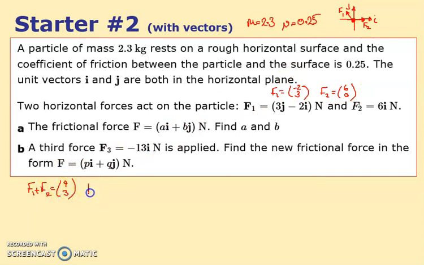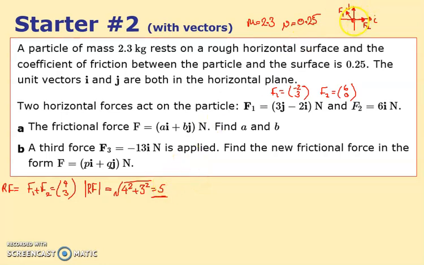And I need to know the magnitude of this force. The resultant force, which I'll call RF so I can tell the difference, is 4, 3, and therefore I can find its magnitude by doing Pythagoras: 4 squared plus 3 squared is 25, and the square root is 5. So I now know the resultant force applied to this object is 5 newtons.